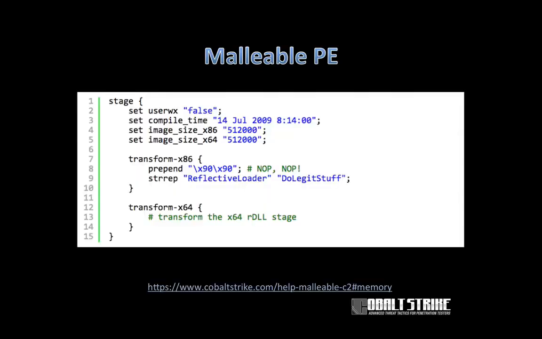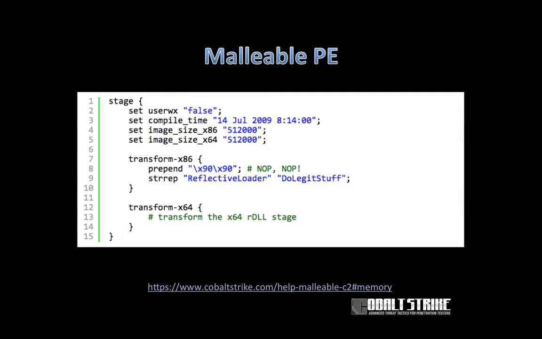Here's an example of a Malleable PE block from a Beacon Malleable C2 profile. This one is not that bad. It uses use_RWX to tell the Beacon reflective loader to not use RWX pages by setting that option to false.